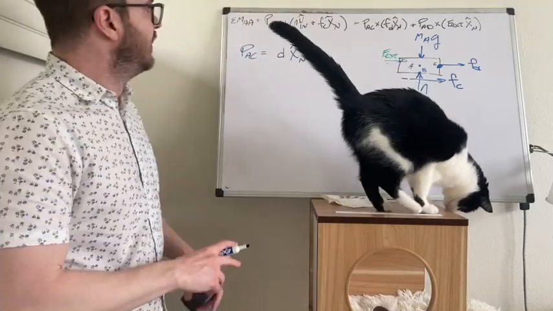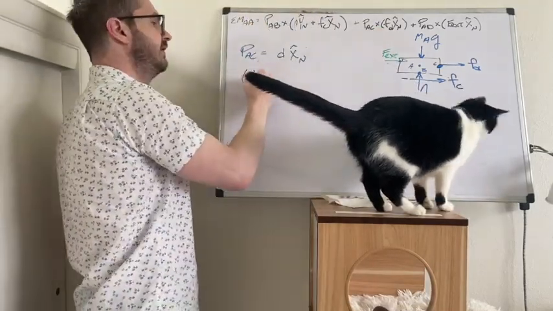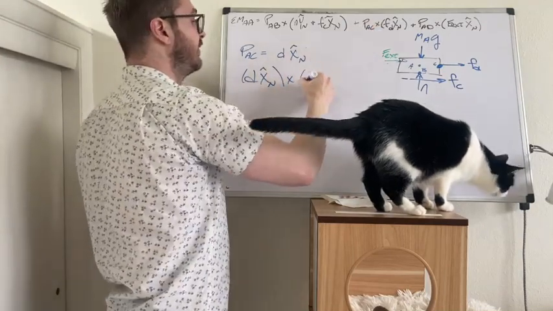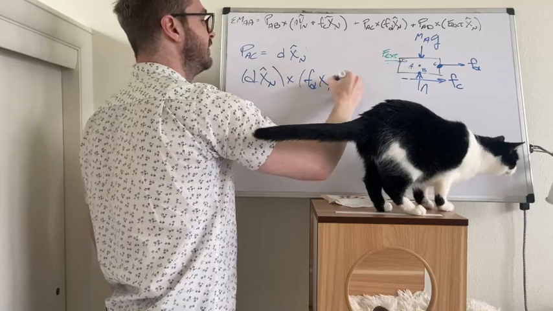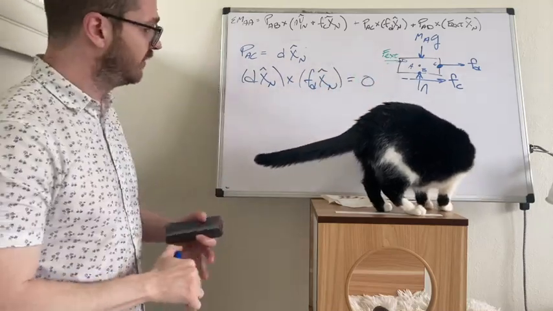If we say d x hat n cross F d x hat n, clearly we can see that this is 0.